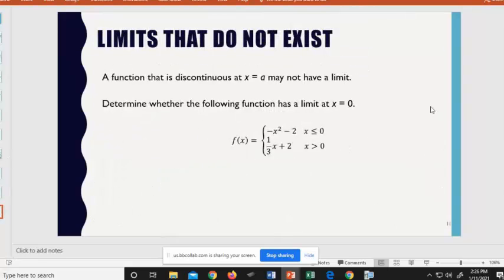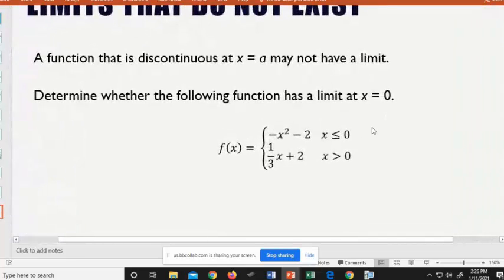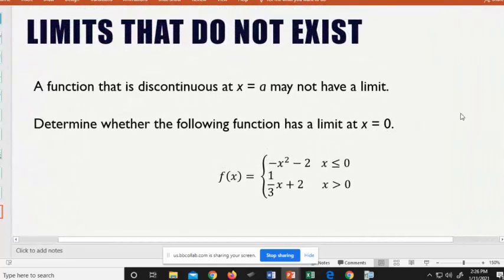And so we talked about limits that don't exist. Let's briefly look at this example to see if this limit exists at x equals 0. If you take a look at this graph, what it would kind of look like. We have a curve, a quadratic, -x squared minus 2, and then we have this line, and they come together to form this piecewise defined function.